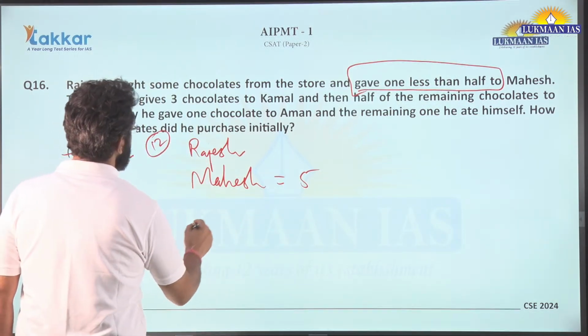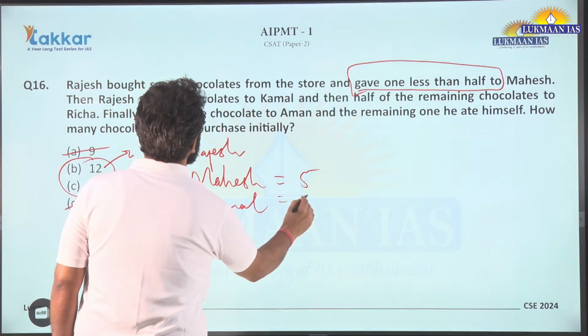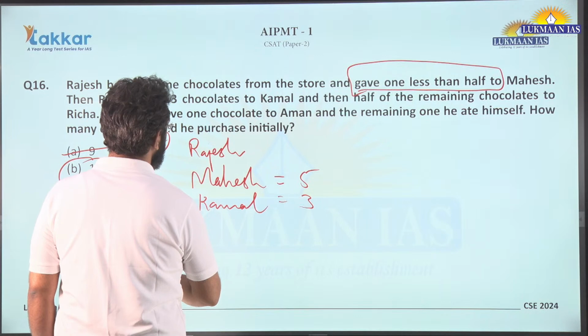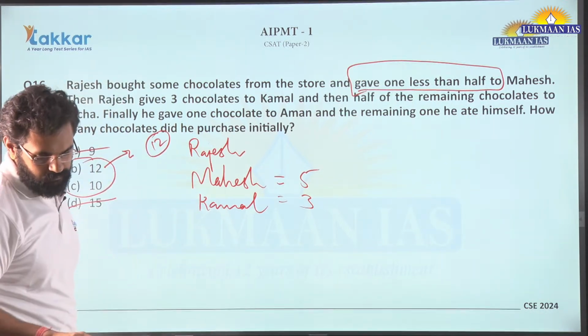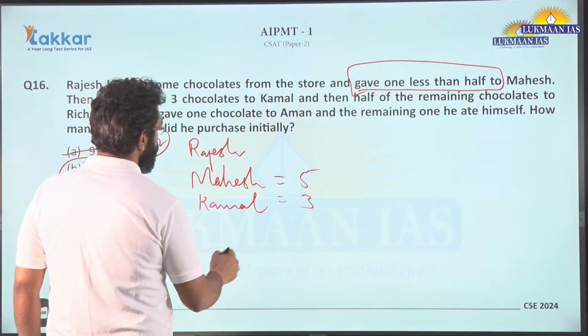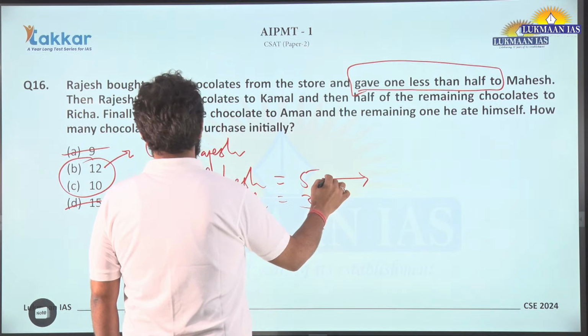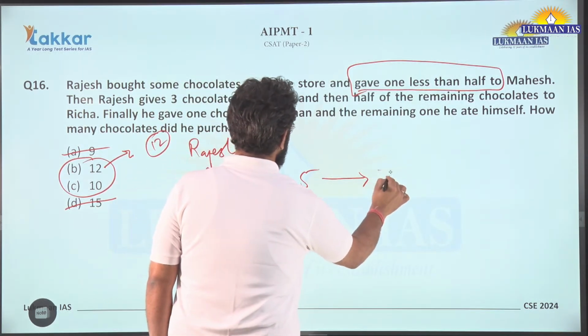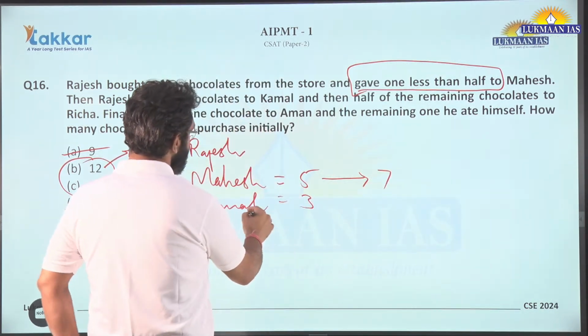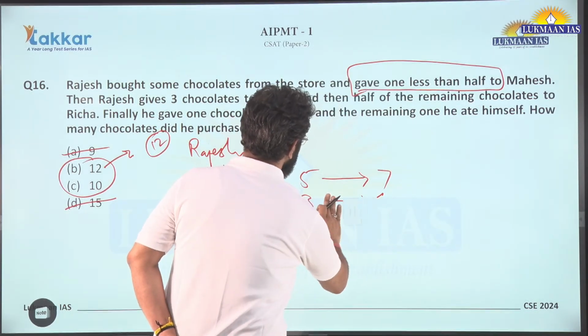Then Rajesh gave 3 chocolates to Kamal. And then half of how much remains? This leaves us with 7 chocolates. 3 were given to Kamal. Then it leaves us with 4 chocolates.